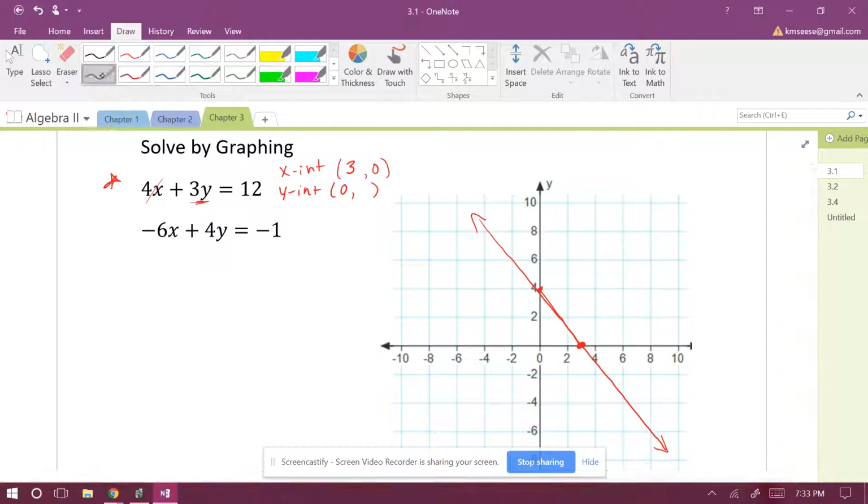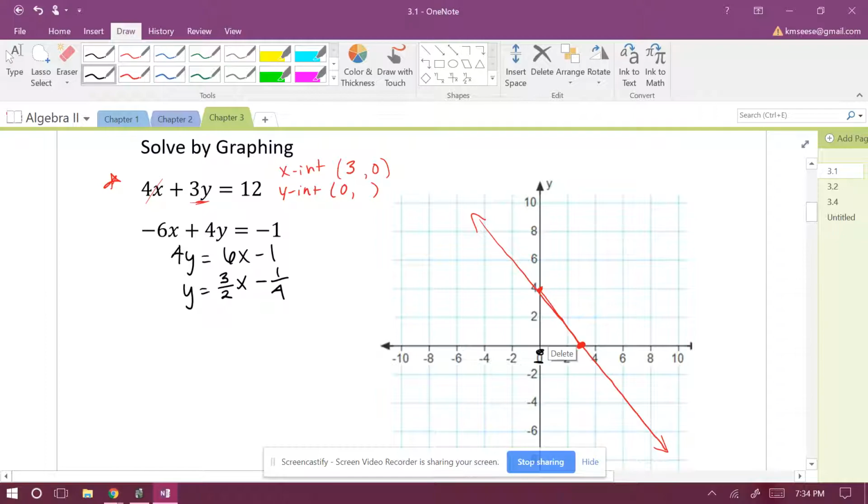The other one's going to be a lot easier if we solve for y. So solving for y here, 4y equals 6x minus 1, divided by 4. Y equals 6/4, which reduces to 3/2, x minus 1/4. There's my first point, and I have a slope of 3/2.